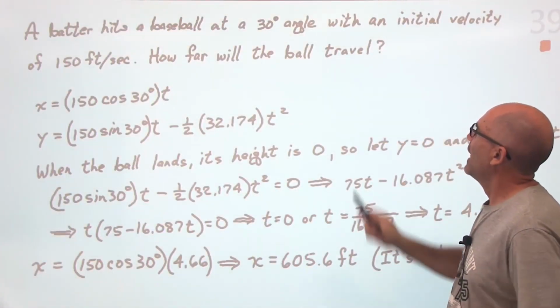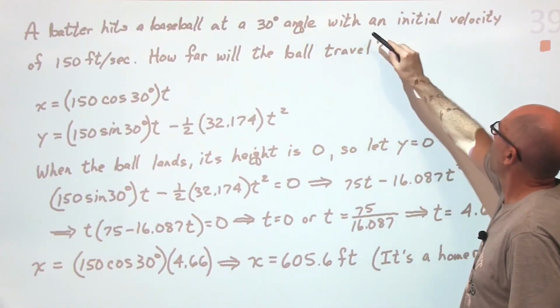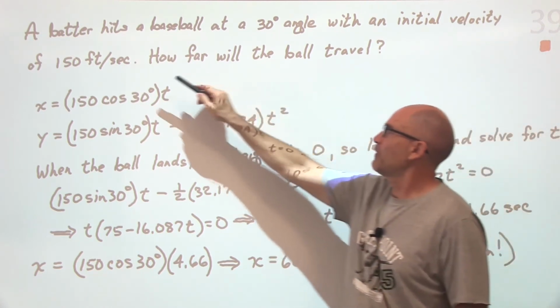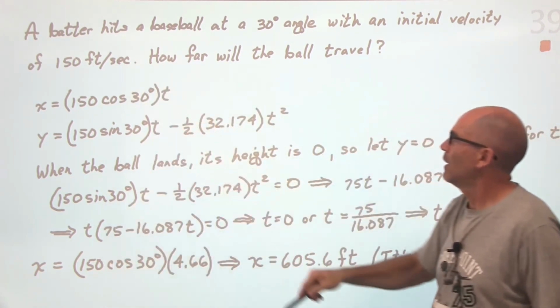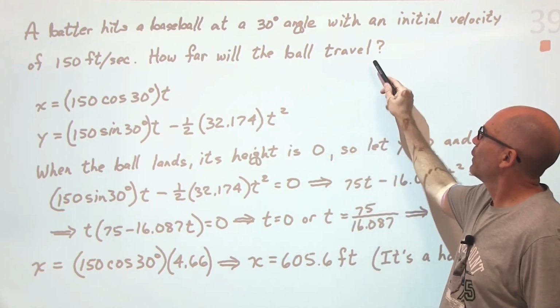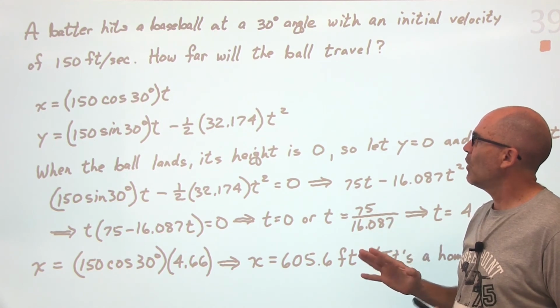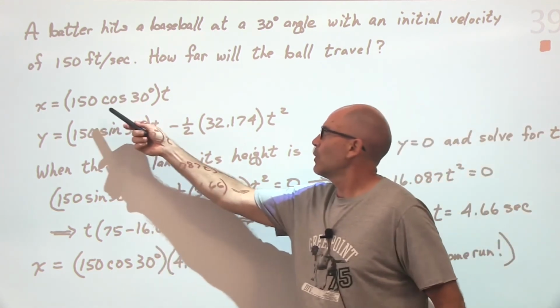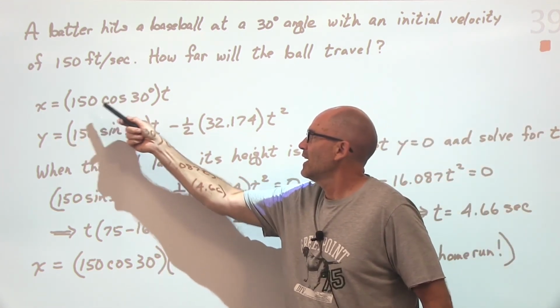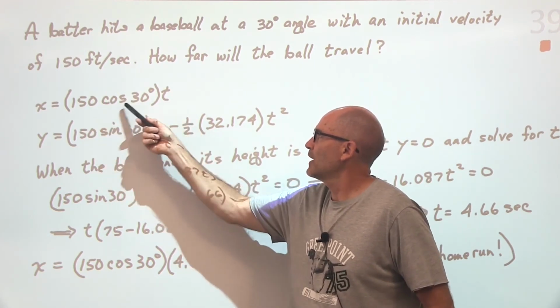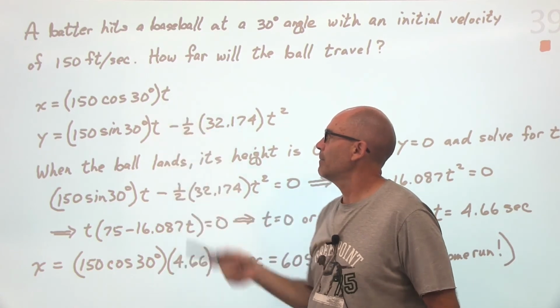That's annoying. Hold on. A batter hits a baseball at a 30-degree angle with the horizontal, with initial velocity of 150 feet per second. How far will the ball travel? Okay, so we know that x equals the velocity times cosine of the angle times time. 150 cosine 30 times time.